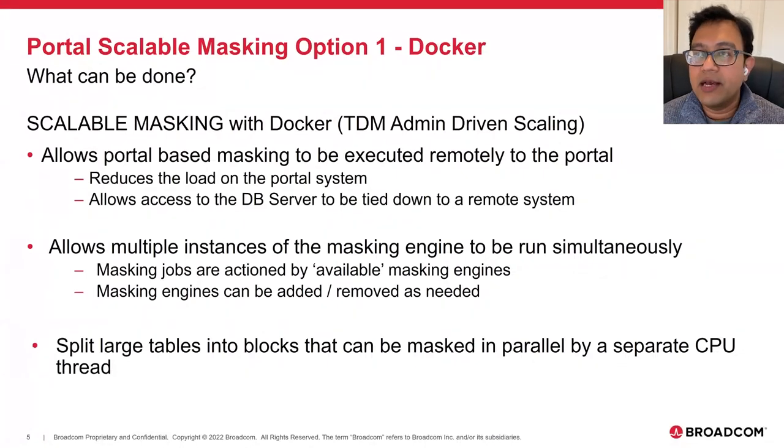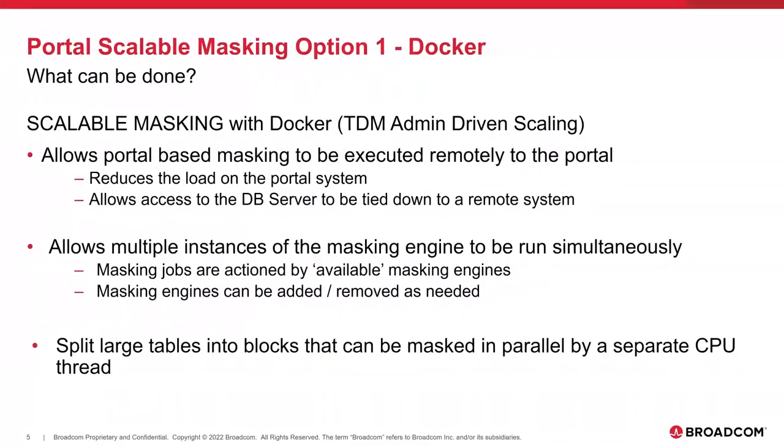This will release a lot of memory, space, and computing power to your TDM engine running your synthetic data generation, or your data subsetting, or your find and reserve, or your self-service tasks. You can still do all of that on your central portal server, but a distributed implementation of your actual masking or FTM engine will relieve some of that pressure on your main TDM server.